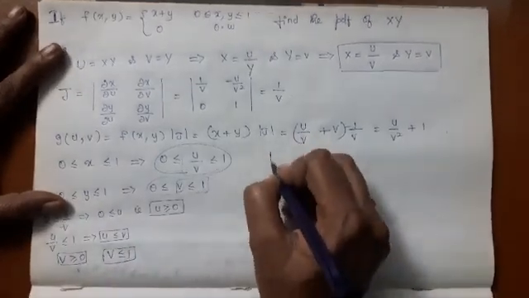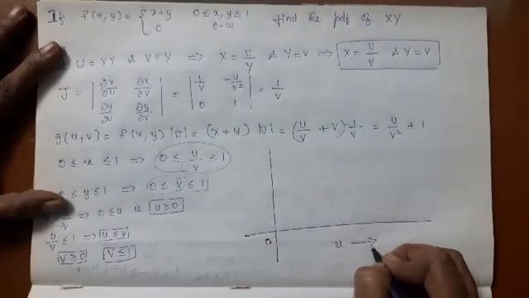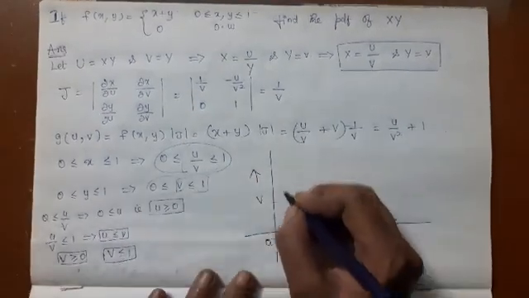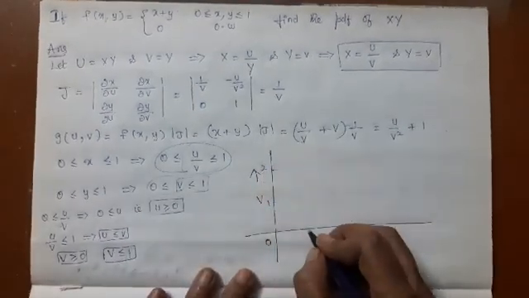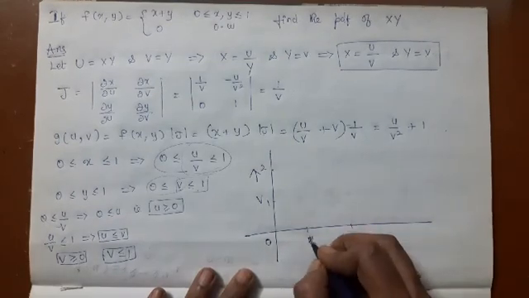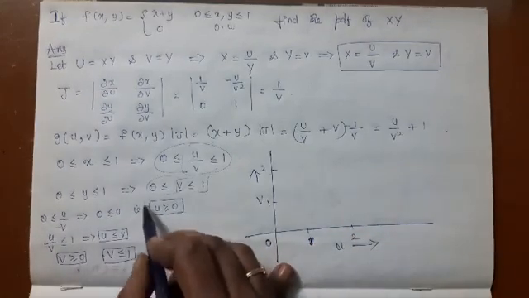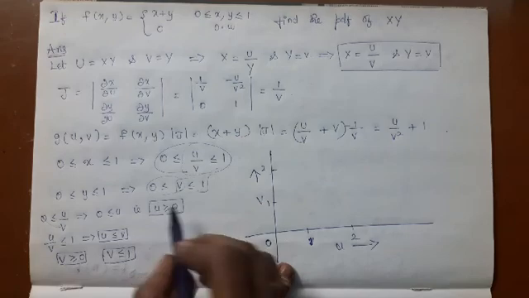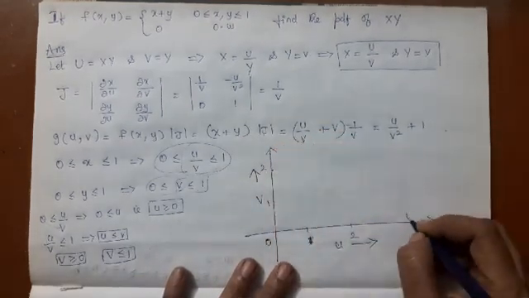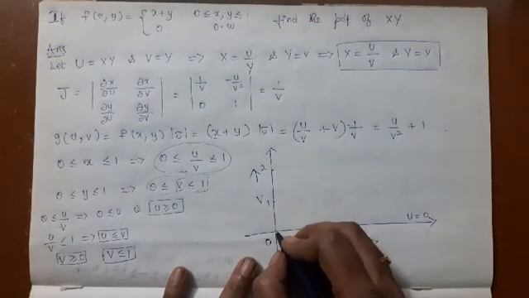Okay. Let us identify the region of integration. Let me represent u on the x-axis and v values on the y-axis. These are my values of 1 and 2. Now let us plot all this information. U is greater than or equal to 0. U equal to 0 is this line.